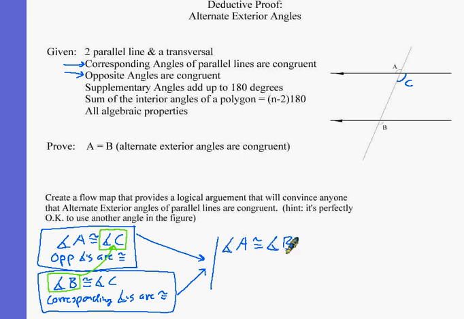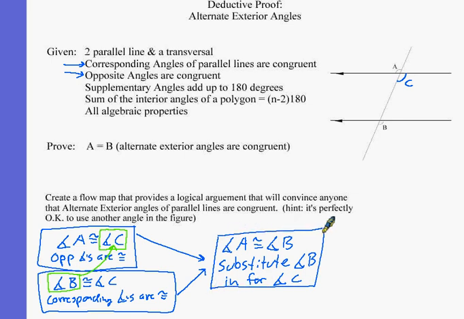So the reason we can say A is congruent to B at this stage is that we can substitute angle B in for angle C. And we have proven what we've wanted to prove, and we've created a nice little logical flow map to do it.